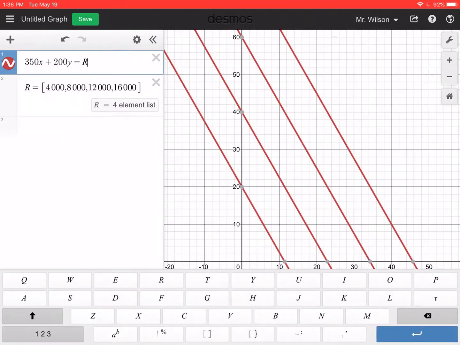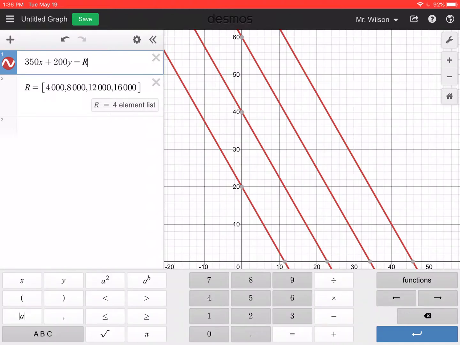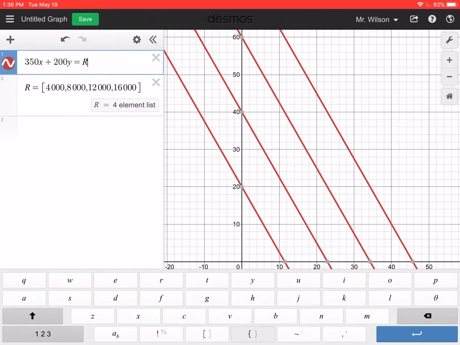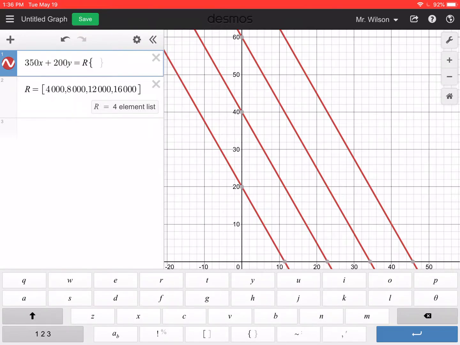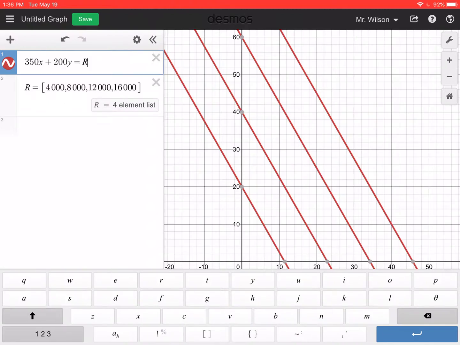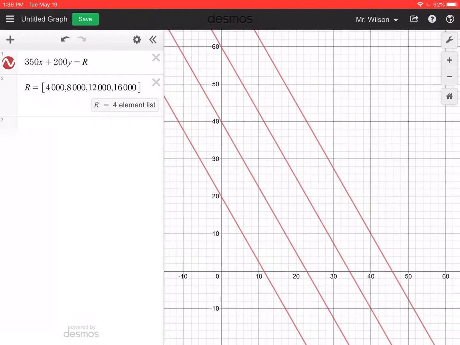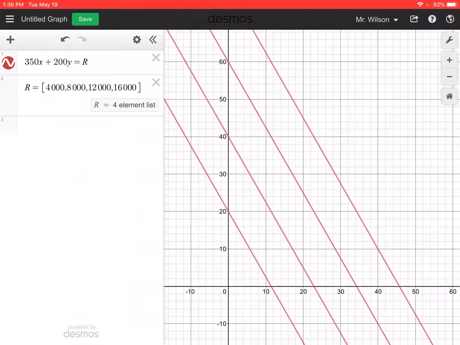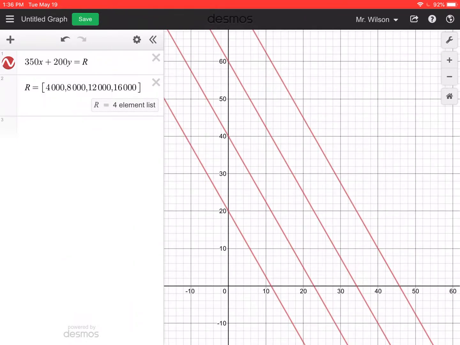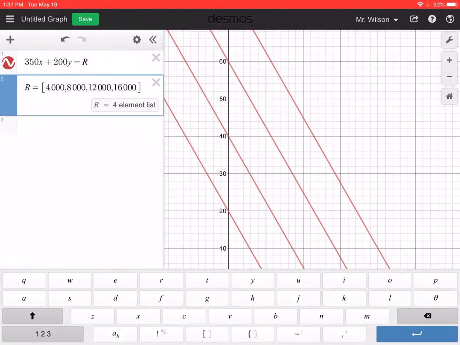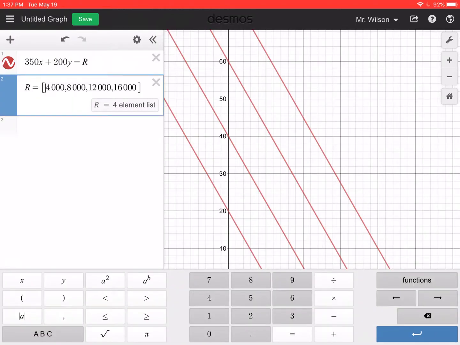Okay, and I could restrict this further, but I won't add a restriction to it. This is what we get. So these are the contours, right? And it doesn't matter what the contour values are. I could pick something as small as 1.